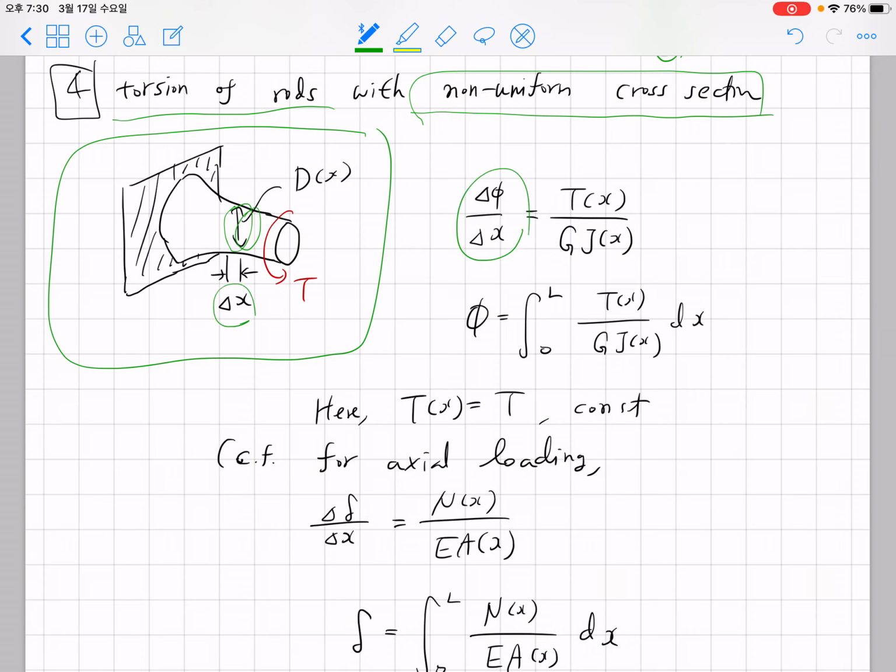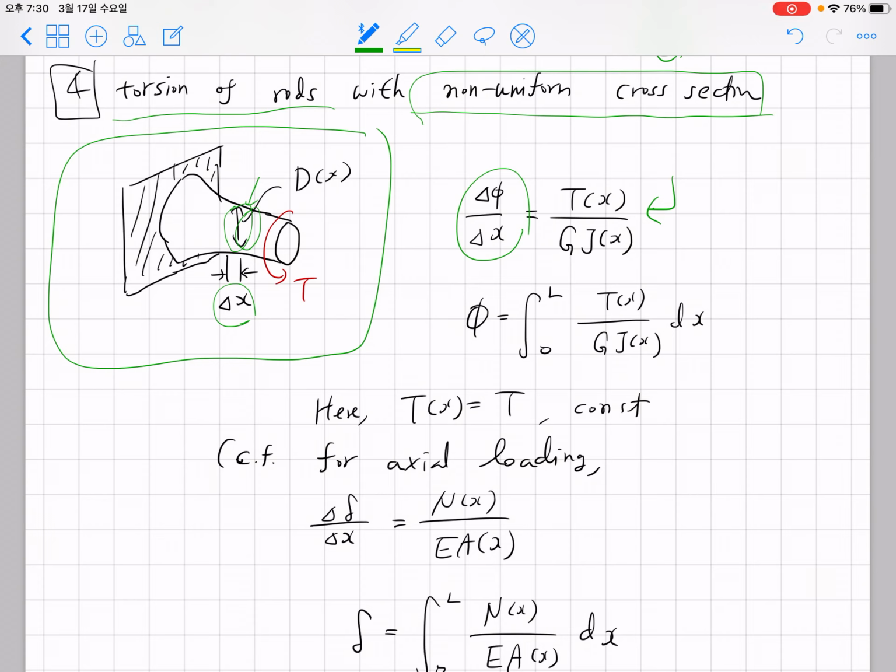Then the twist angle within that section delta x can be written as delta phi, and the delta phi and delta x ratio can be obtained as T at this specific position x divided by G and J at this specific position, because J is also changing, because the cross-sectional size keeps changing as a function of x.